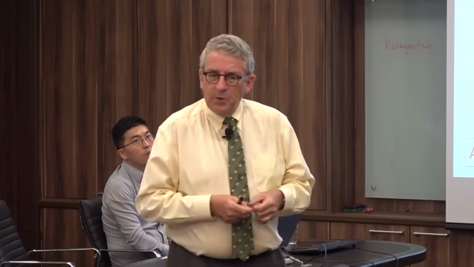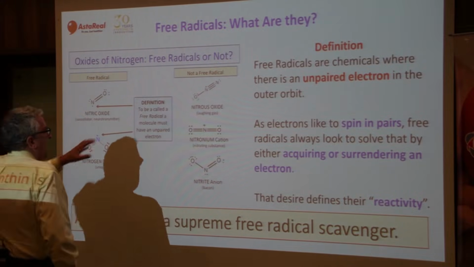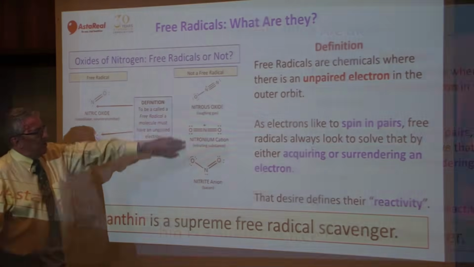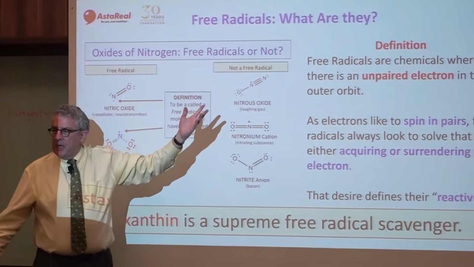So one of the areas that I was researching in, as I mentioned, nitric oxide, I just want to point out some of the subtleties of different nitrogen oxides and what's a radical and what's not. This is just a tool. So explaining it here, these are not free radicals. Nitrous oxide, N2O, anesthetic, right?